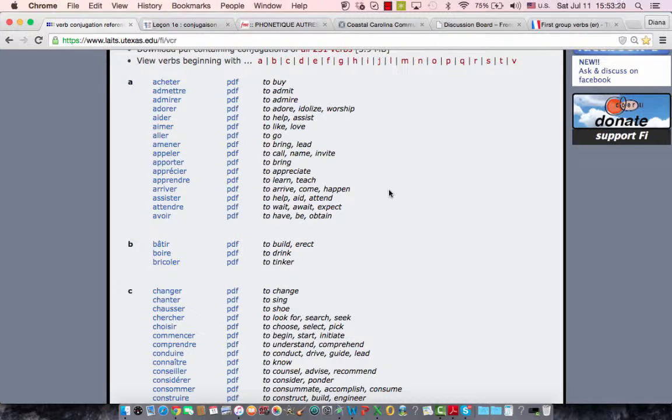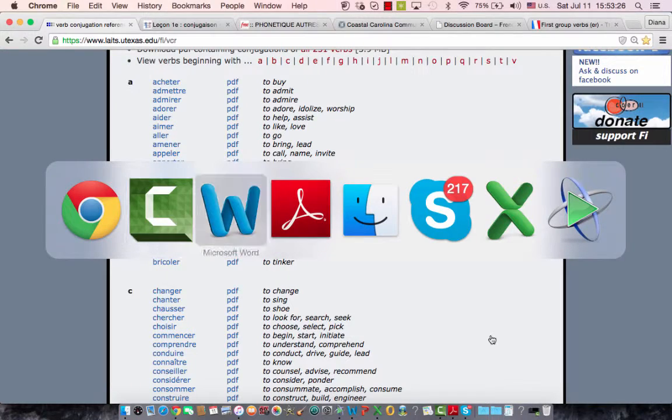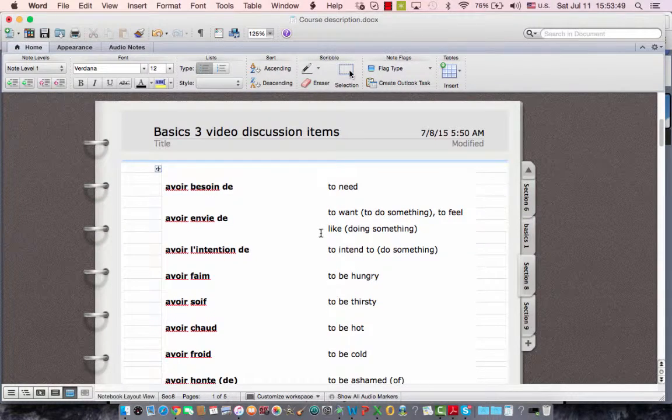Now let's see some of the phrasal verbs with the verb avoir. Avoir besoin de. To need. Avoir besoin de. And I can use it as I need money. J'ai besoin d'argent.